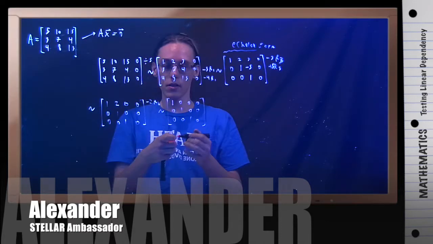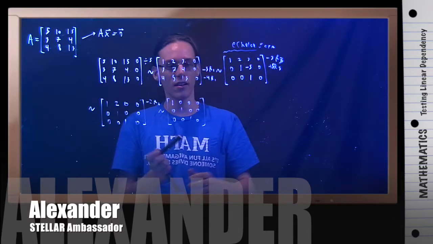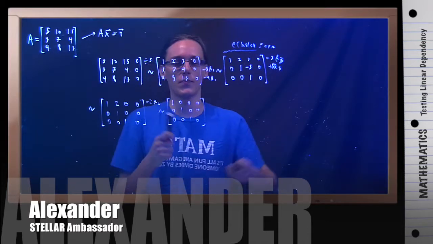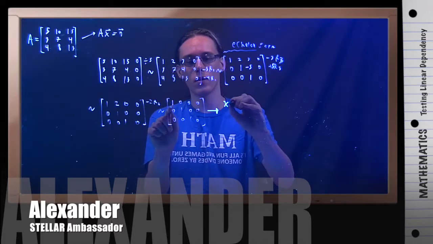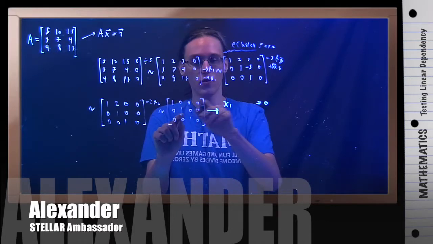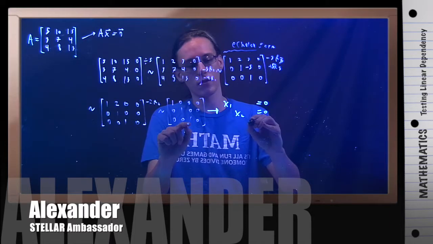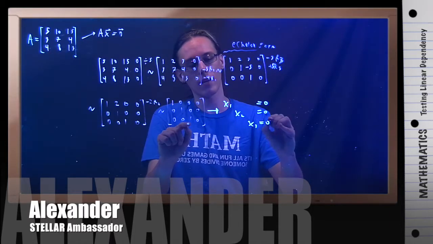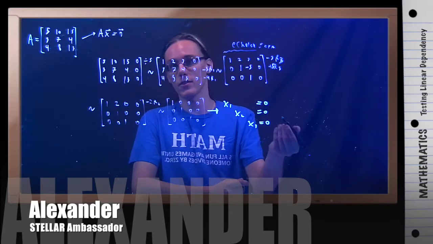And so the thing is, it looks like, hey, we got a solution. So they're linearly dependent because we were able to solve it, right? Yeah, but what was our solution? If we look at what the solution is that we got, we've got x1 and nothing else equals 0. We've got x2 and nothing else equals 0. And we've got x3 and nothing else equals 0. Yeah, we got a solution, but what is that solution? All my x's are 0.